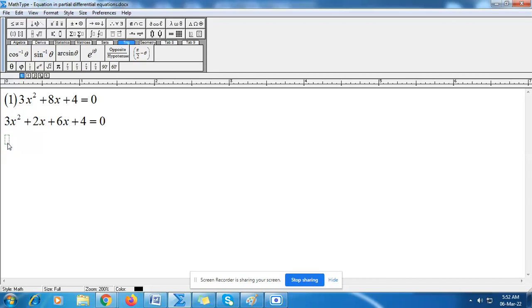And now take common. Here x is common for the first two terms: x(3x plus 2). Here 2 is common for the last two terms, which is equivalent to 0. Now 3x plus 2 is common for both the terms.